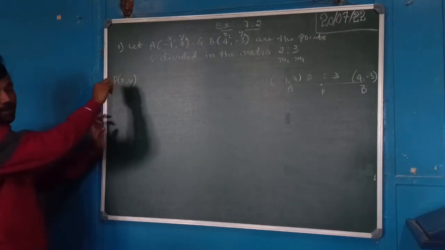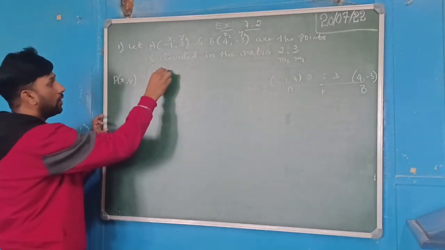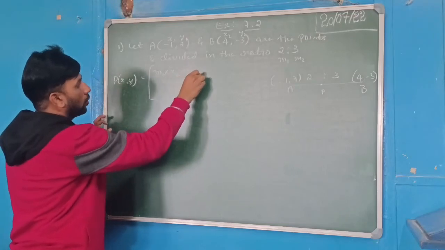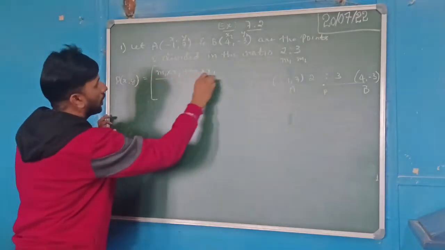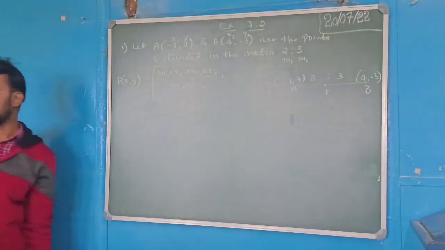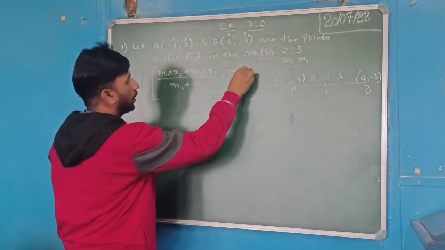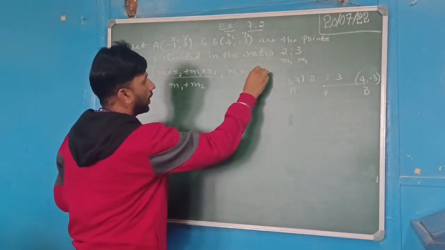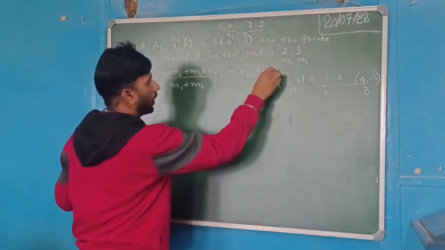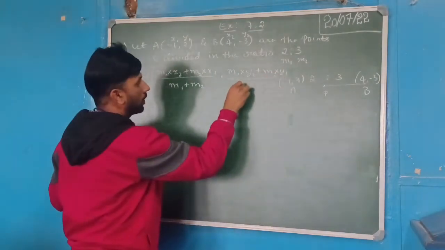P of x, y to find the point: (m1 x2 + m2 x1) divided by (m1 + m2), comma, (m1 y2 + m2 y1) divided by (m1 + m2).